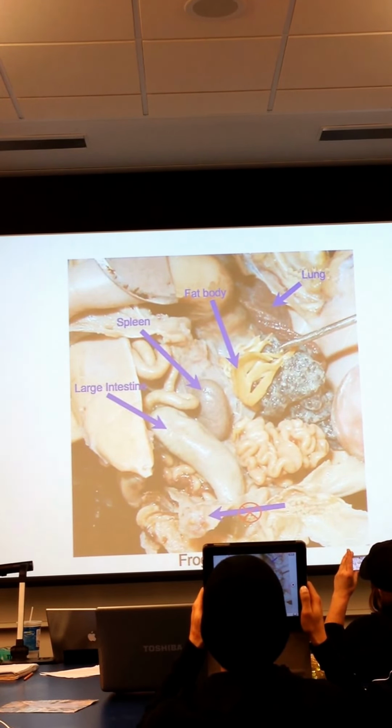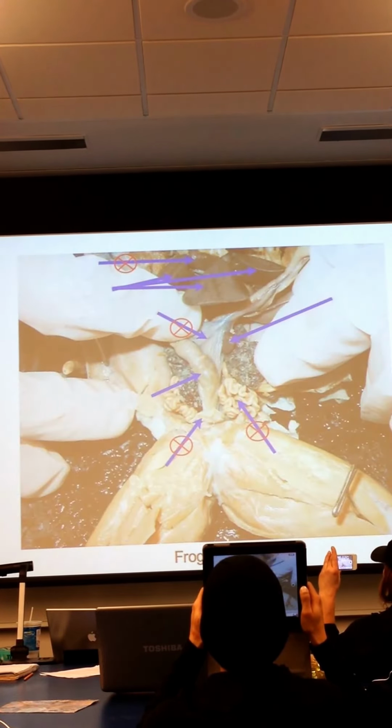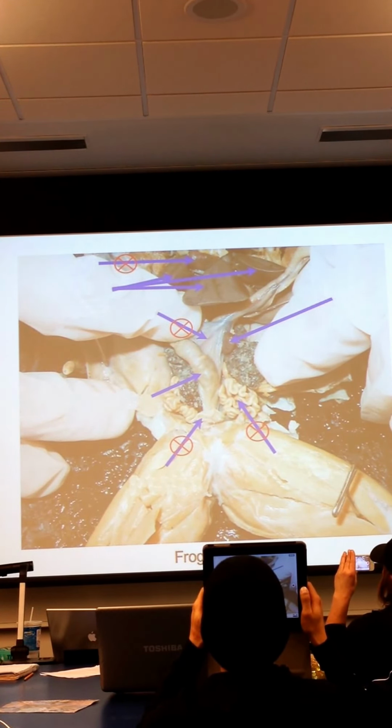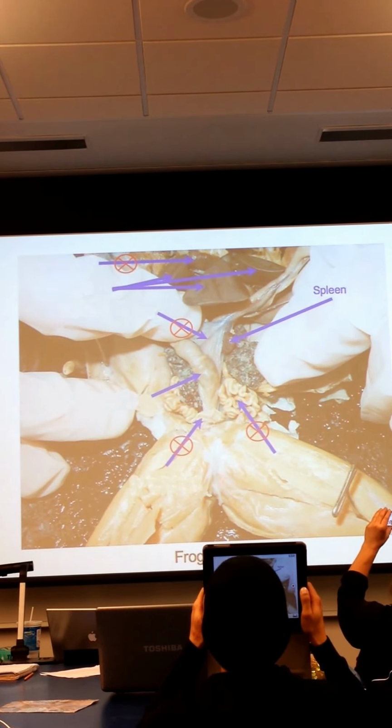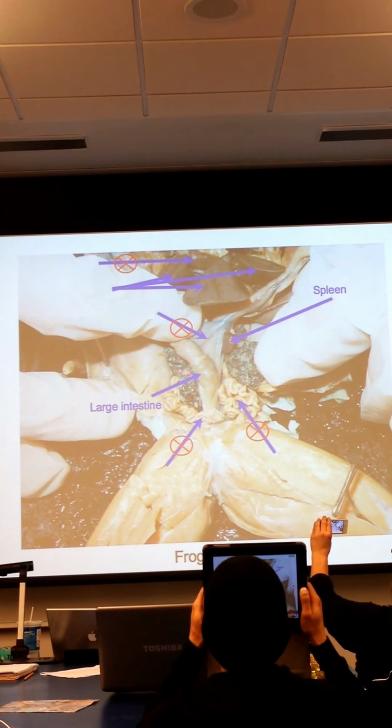You guys okay if I switch over? Alright. So, I'm guessing I start up here. What's this? The liver. Good. And you can see this little dude up here. The gallbladder. Good. The spleen, the big black ball. Then we have the large intestine or colon. Remember, they're the same thing.